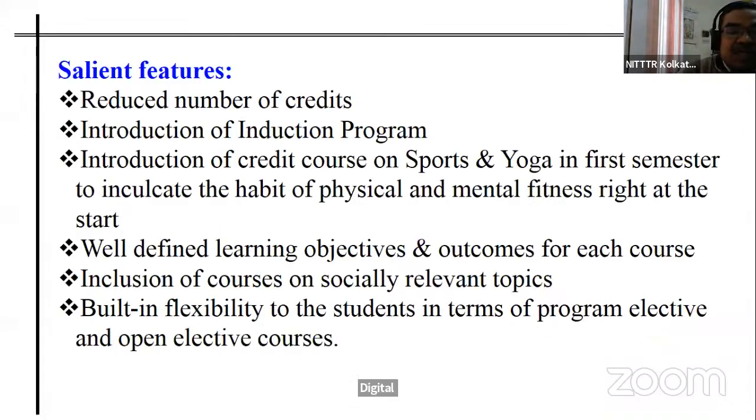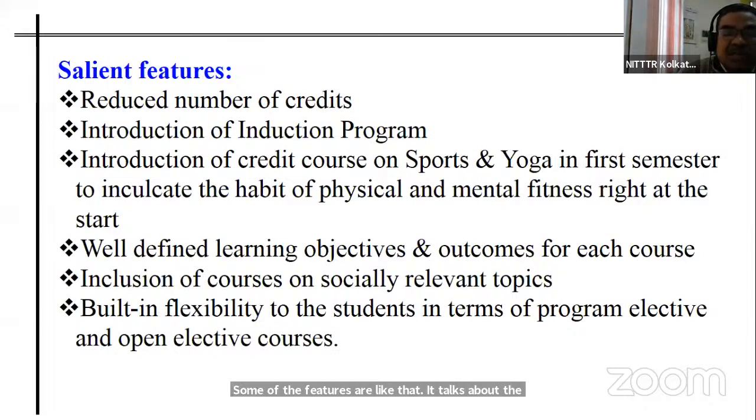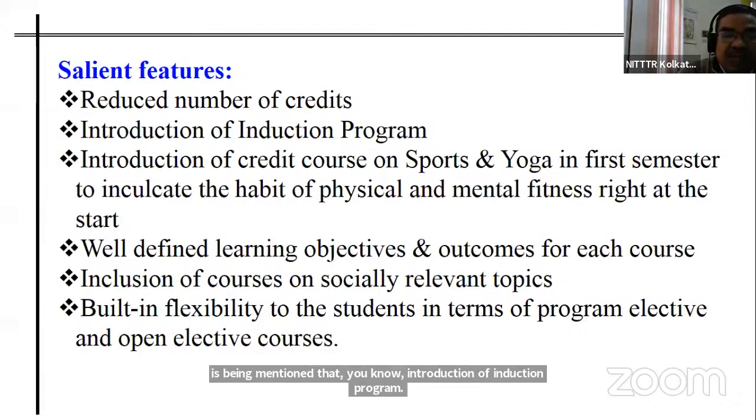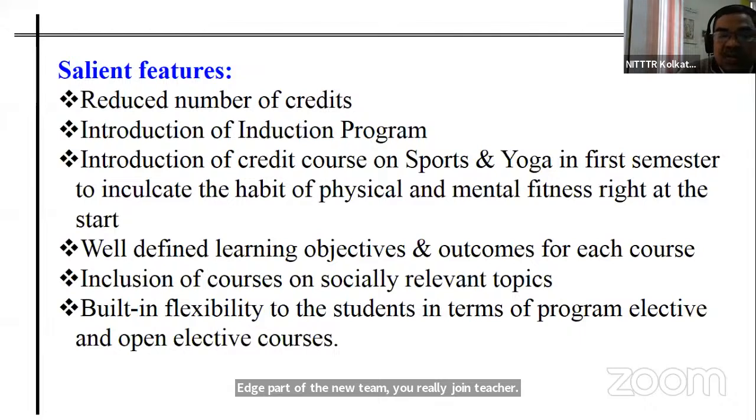Some of the features are like this. It talks about a reduced number of credits rather than the conventional curriculum. Induction program: it has been mentioned that an induction program is introduced for newly joined students. Introduction of a credit course on sports and yoga in the first semester to inculcate the habit of physical and also mental fitness right at the start.